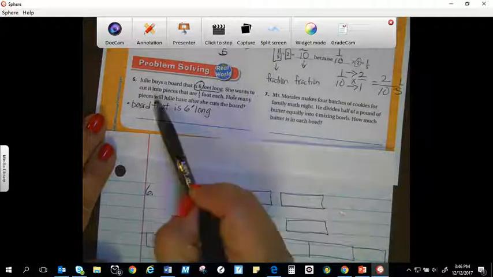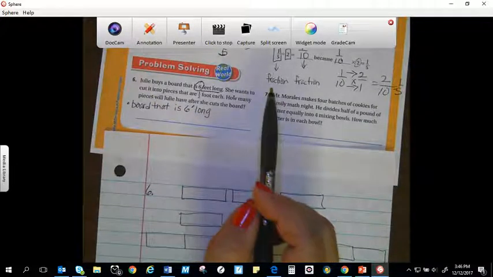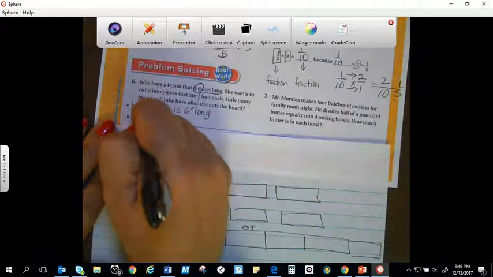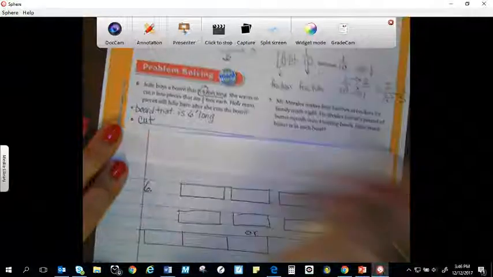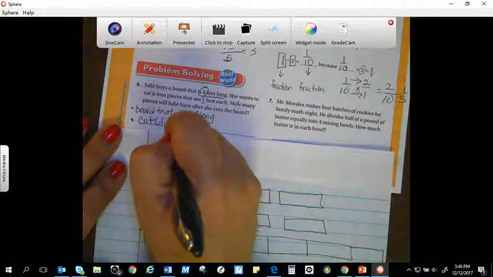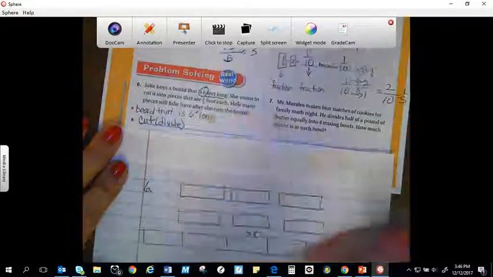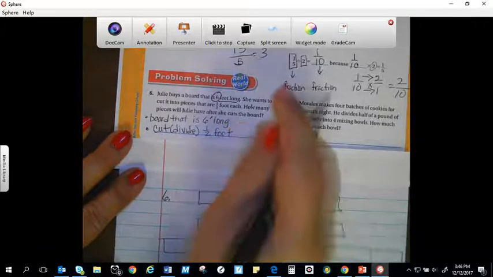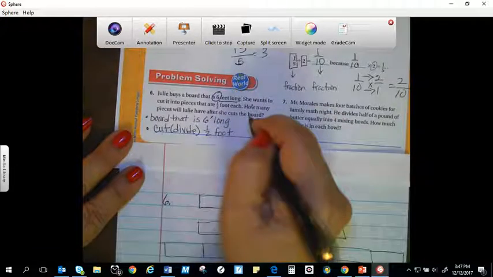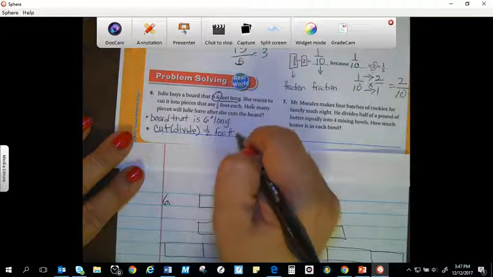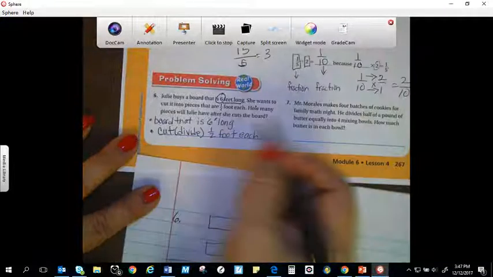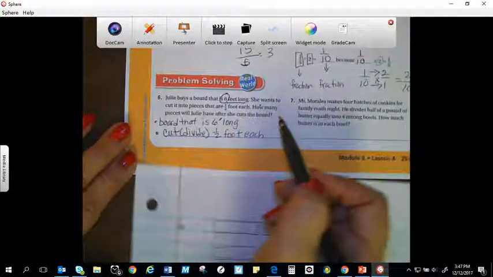She wants to cut it into pieces that are 1/2 foot each. So, cut. What is another word for cut? Yeah, absolutely. It's divide. So she wants to divide it into 1/2 foot pieces each. 1/2 foot each. Now my question is how many pieces will Julie have after she cuts the board?